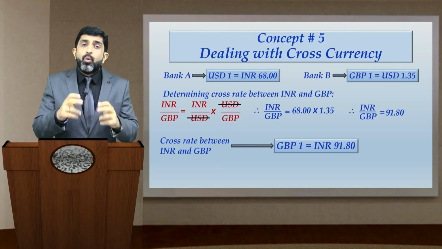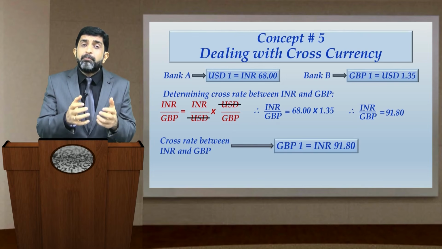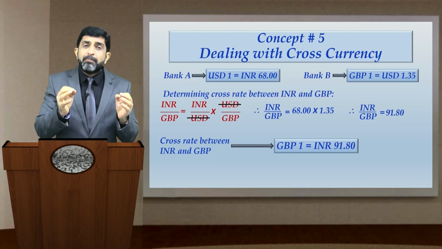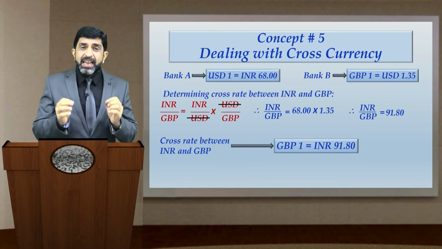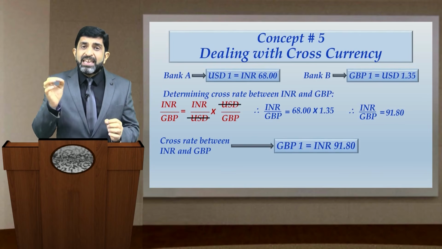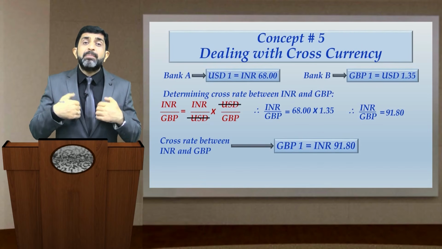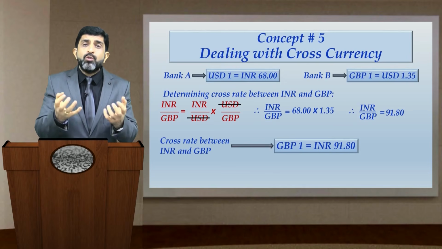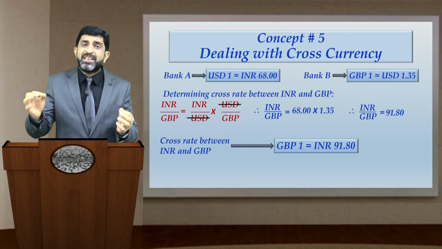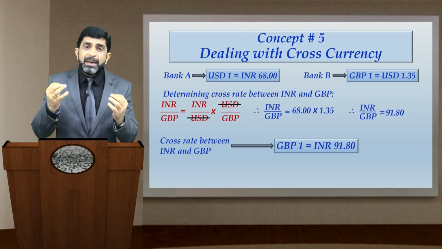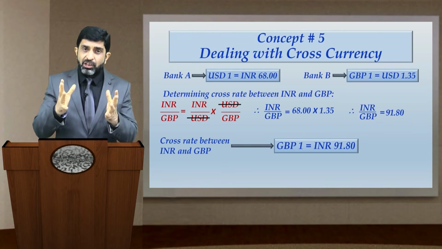That means the quote given by bank A becomes relevant over here. Quote given by bank A, what we can see is USD 1 equals INR 68. So I demand from bank A that I want USD 1.35 and I have rupees in my pocket to pay in exchange.